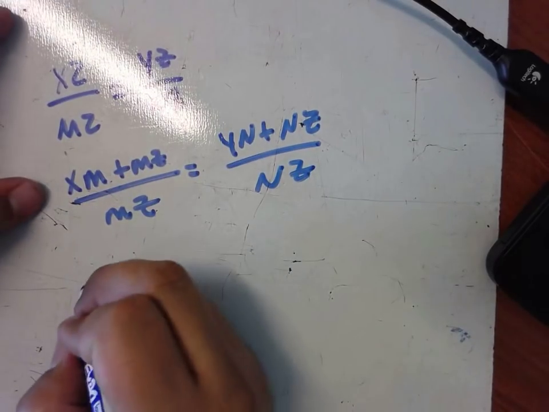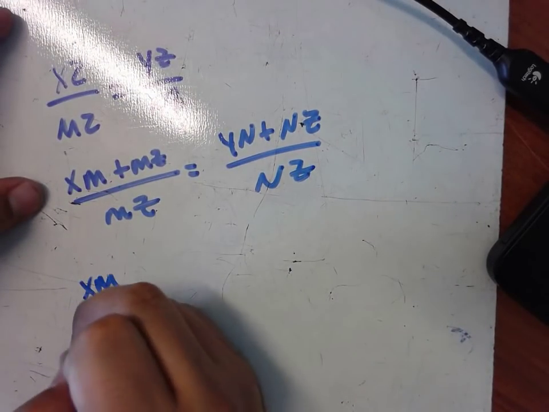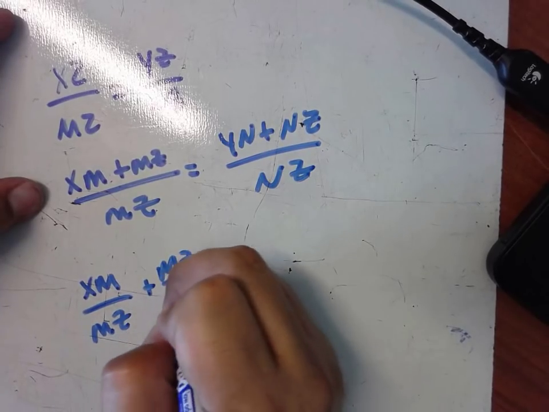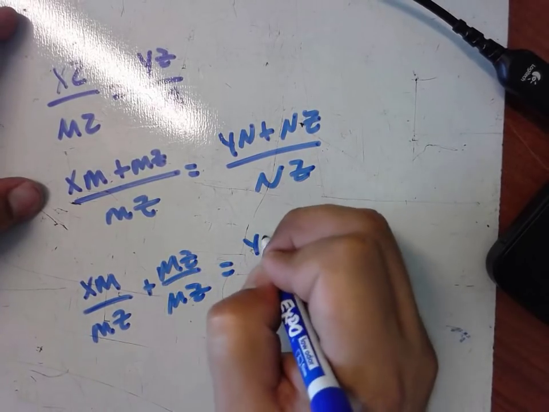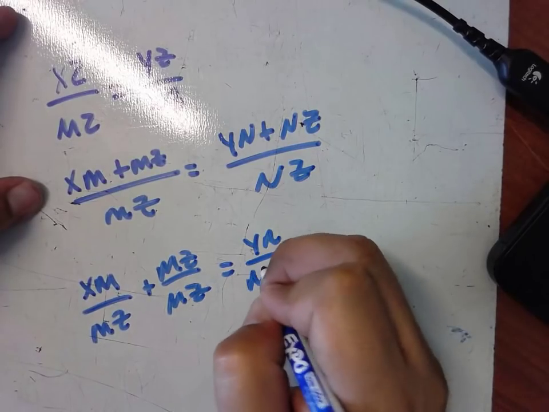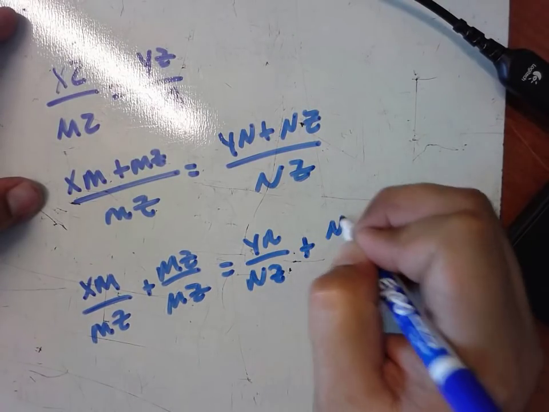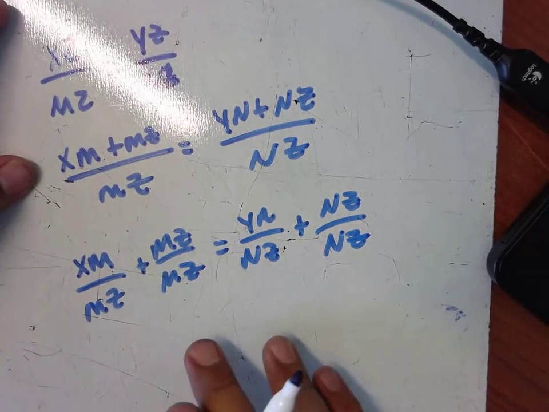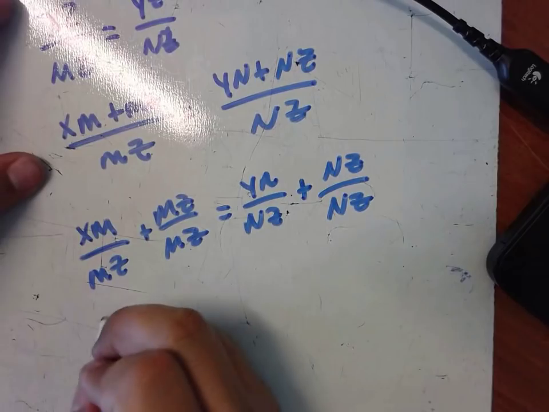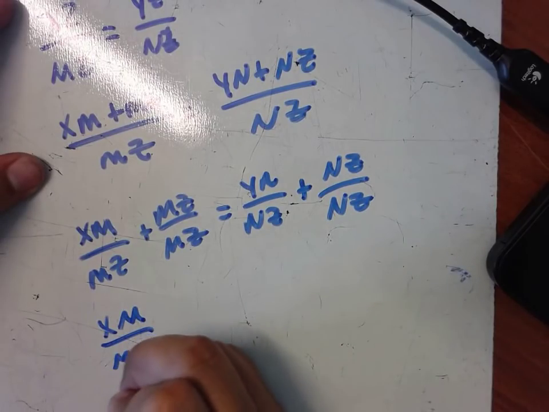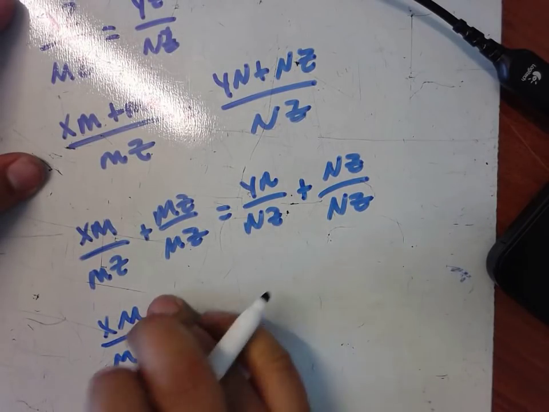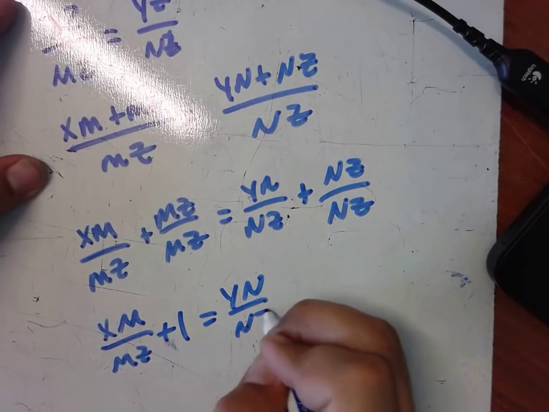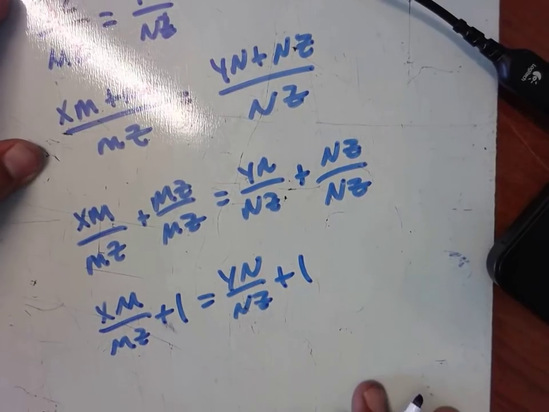Then just separate your fractions. XM over MZ plus MZ over MZ equals YN over NZ plus NZ over NZ. Anything divided by itself is 1, which gives you XM over MZ plus 1 equals YN over NZ plus 1.